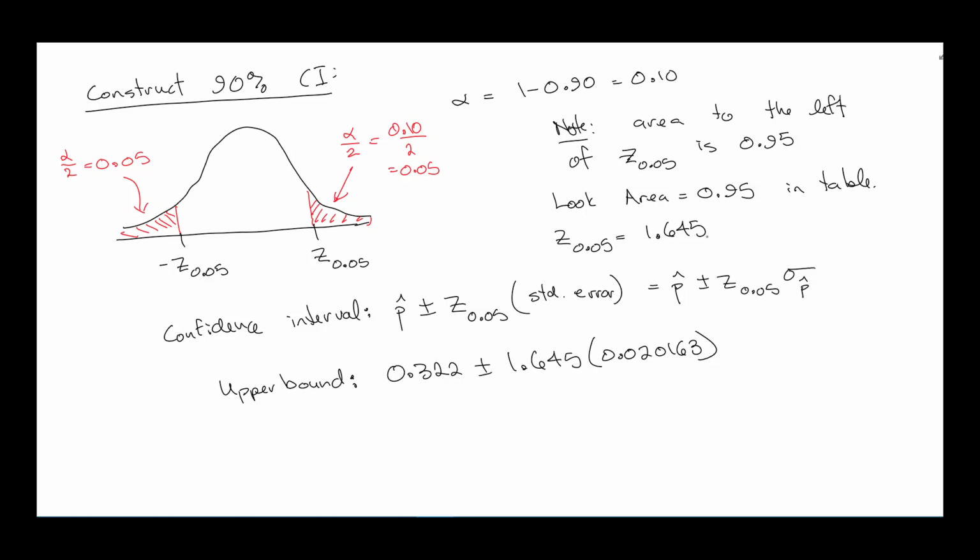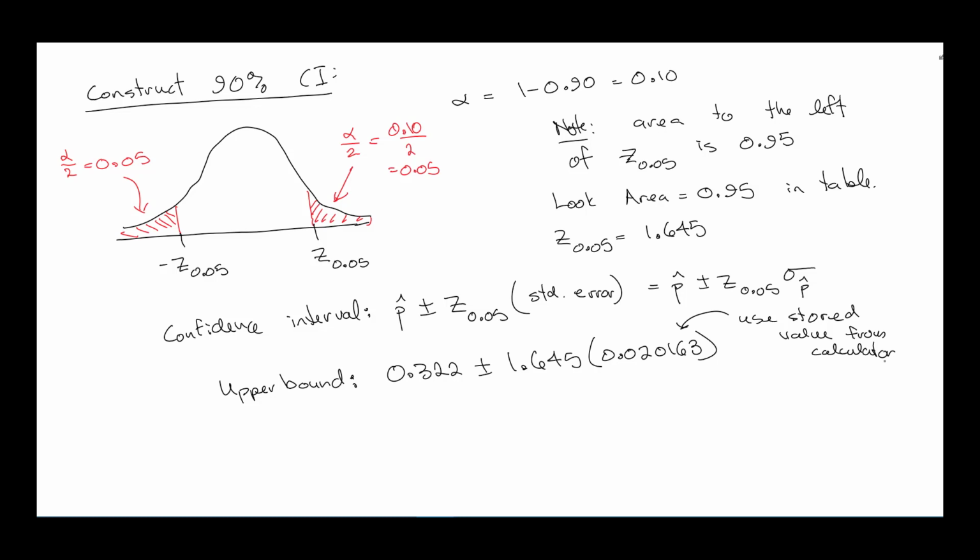So for this one, I'm going to use the stored calculator value. If I stored this in variable A, then I am going to go back and retrieve variable A. And so I'm going to use that. And then I put all this in, and then you will end up having to round it.